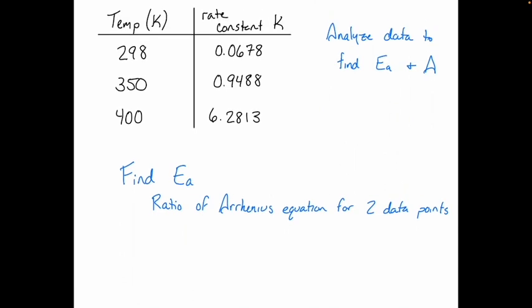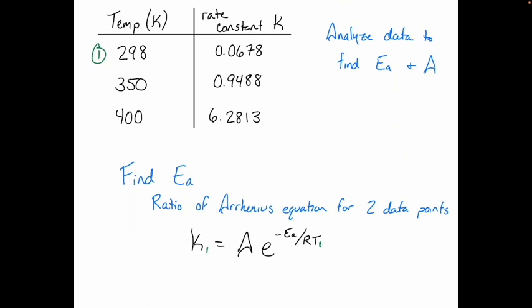So by that I mean my Arrhenius equation. Holy cow, my voice is cracking all over the place. All right, Arrhenius equation, K is equal to A e to the negative EA over RT. So if we pick this first data point here, we have the temperature at that first data point and the rate constant at that first data point.